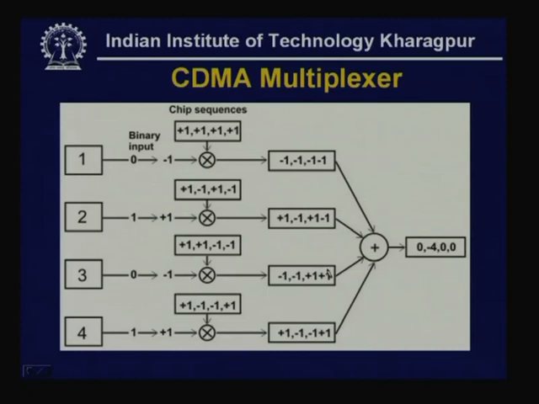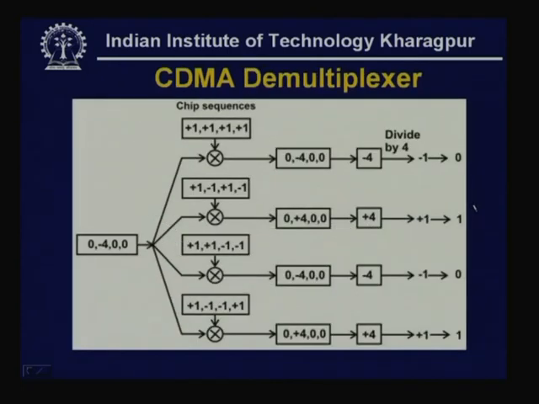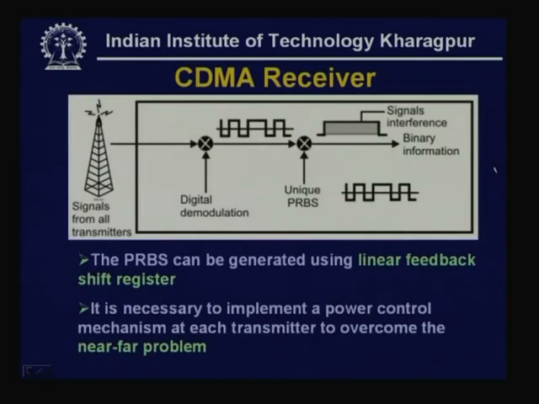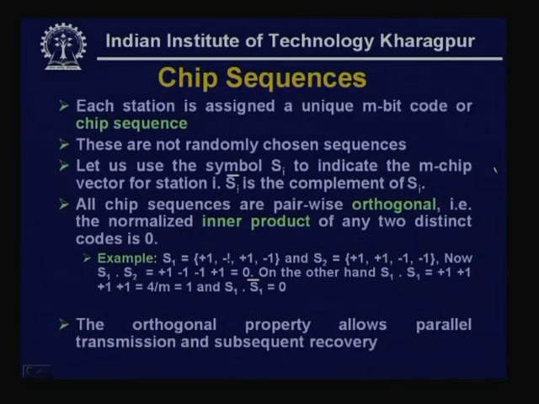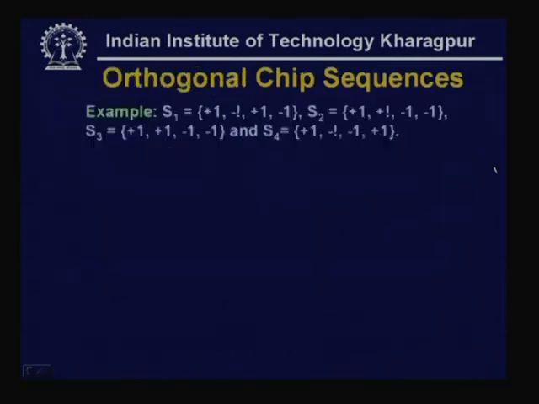Here you are doing the multiplexing, and as you can see, the chip sequences satisfy the orthogonal property. Then you can sum them together, transmit, and at the receiving end you can separate them out. So, this is how the chip sequences are to be designed.